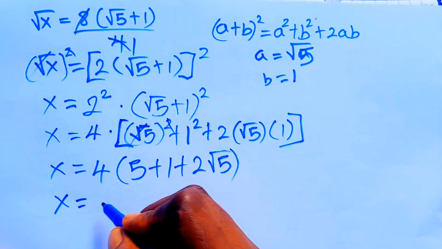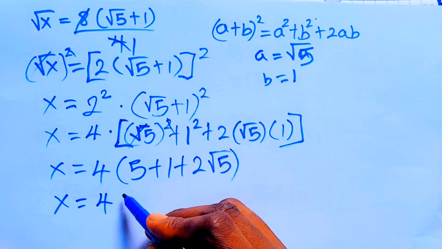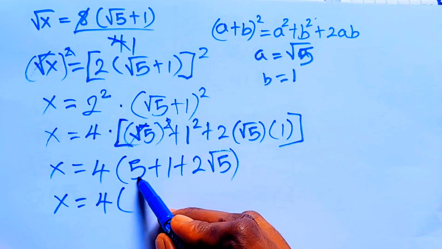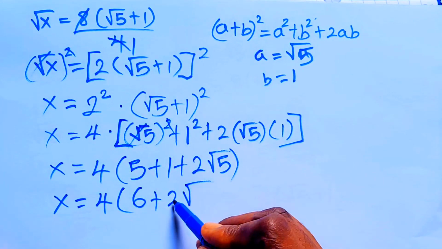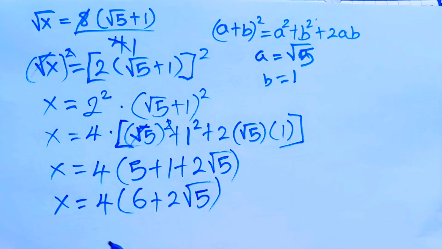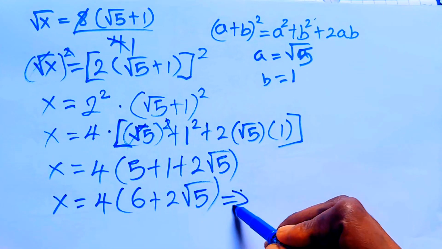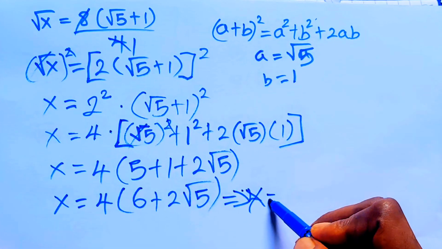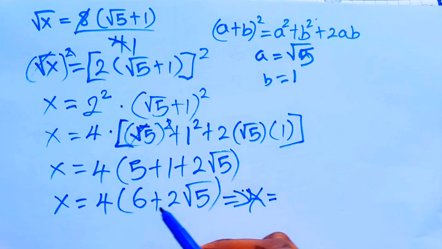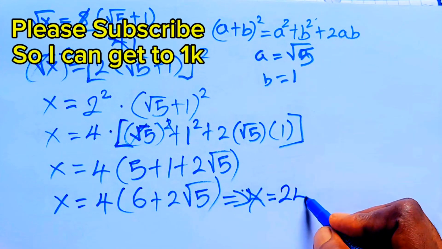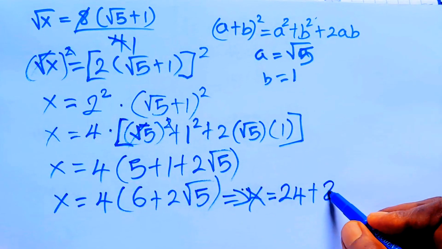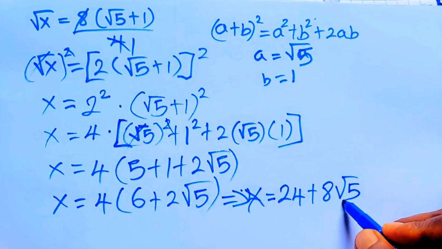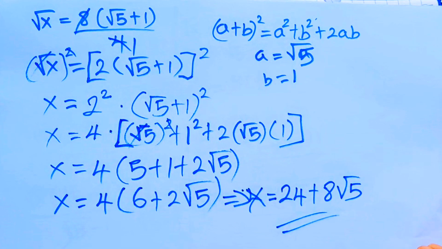So we have x to be equal to 4, then open parenthesis, 5 plus 1 is 6, plus 2 times square root of 5. So from here, it implies that x will be equal to 4 times 6 will give us 24, plus 4 times 2 square root of 5 will give us 8 square root of 5. And this is the correct answer to this given question.